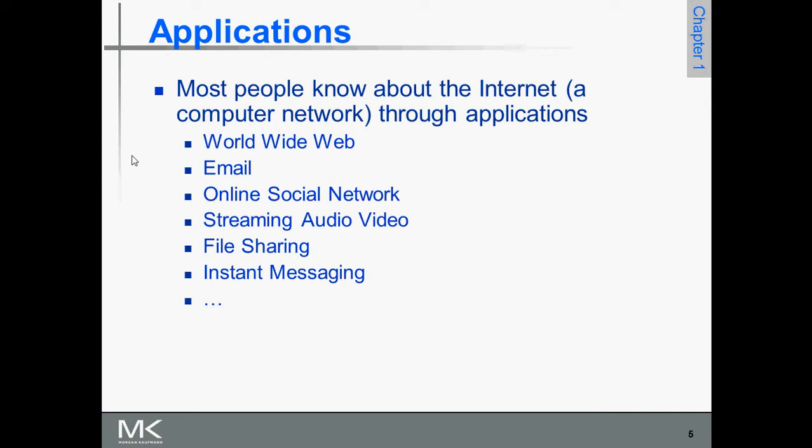Most of the other networks that exist today are designed to handle one kind of data. But in the case of our computer network today, most computer networks are handling multiple types of data.